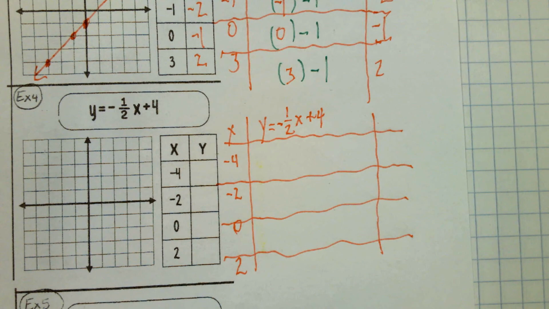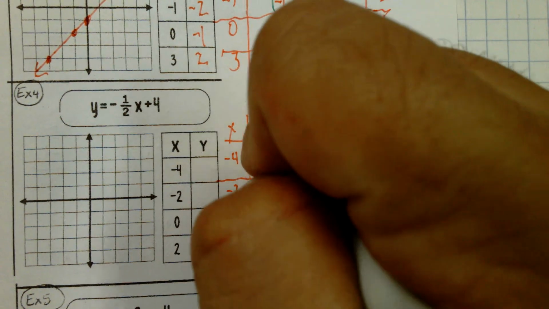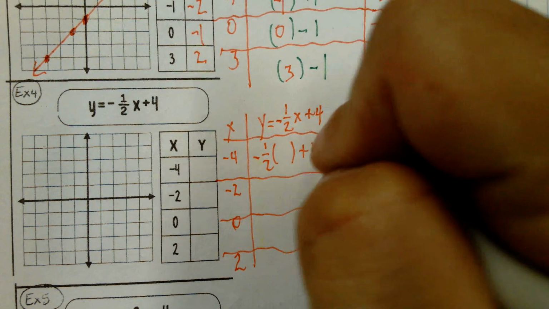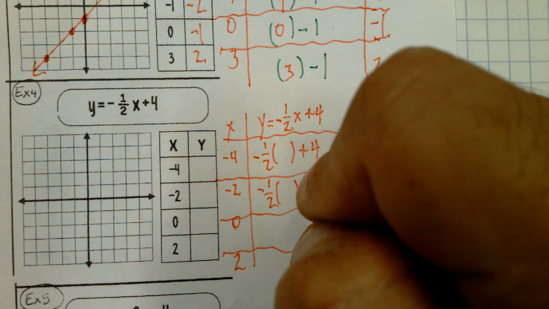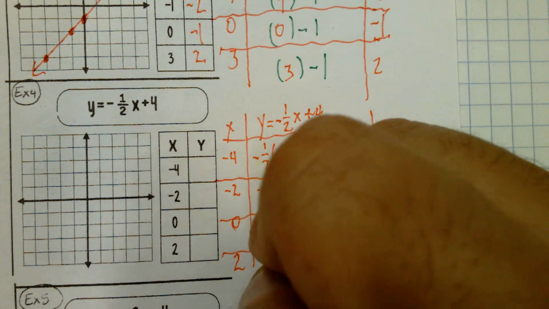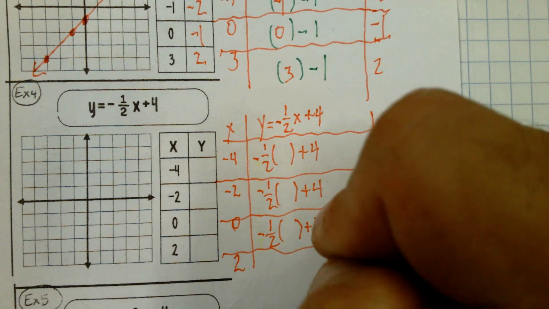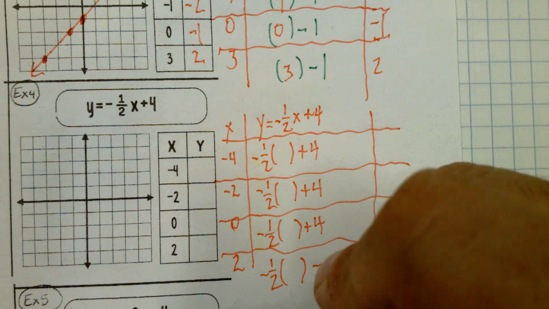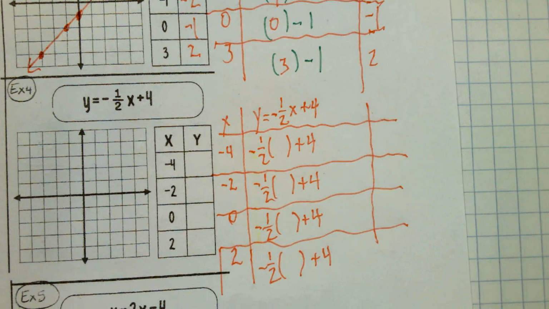Okay. Now, let's see here. This is telling me negative 1/2 times whatever x is plus 4. Okay.